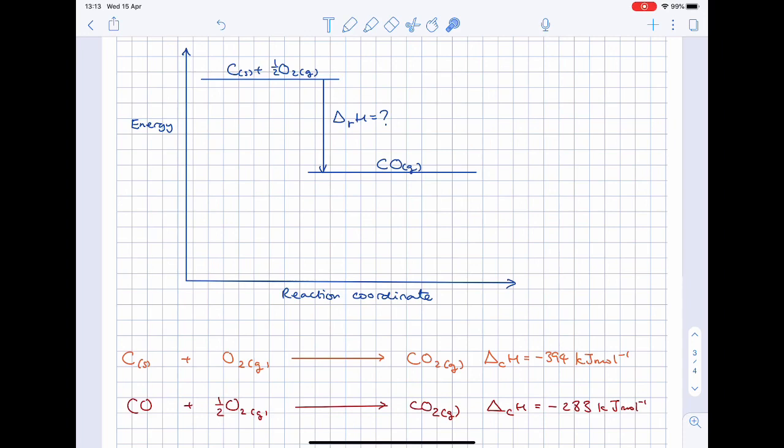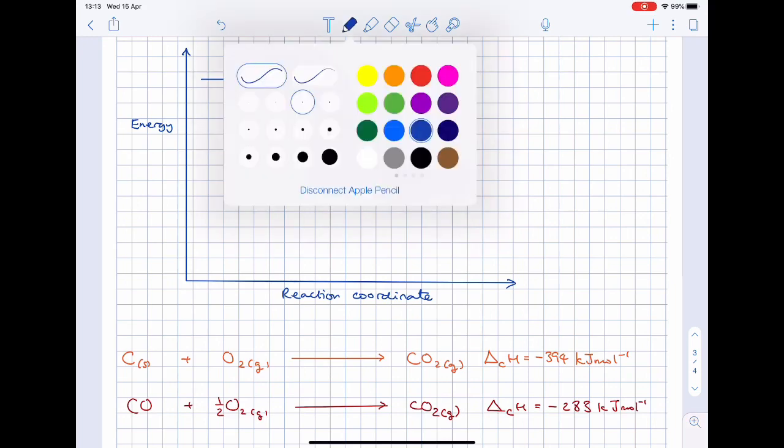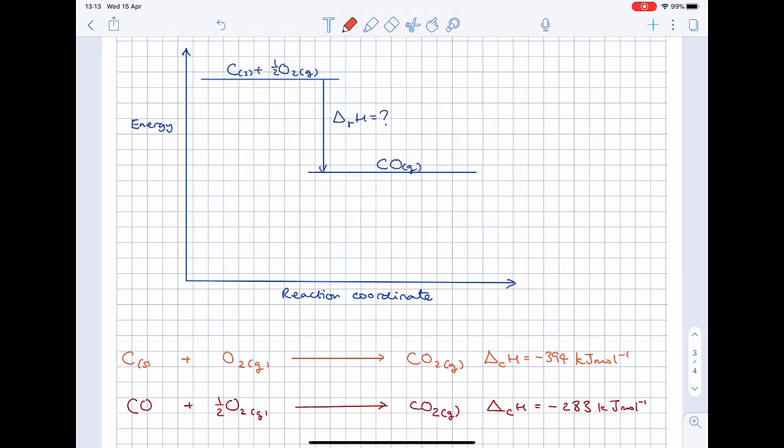We know the enthalpy of combustion of carbon to give us carbon dioxide. If we burn the carbon in excess oxygen, we're going to make carbon dioxide. We can do this experimentally, so we know this value. On the enthalpy profile diagram, we can include that as this. We're starting from carbon and oxygen and burning it to make carbon dioxide.